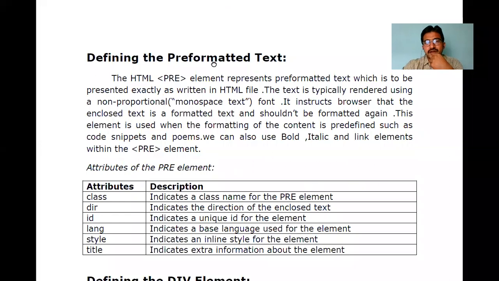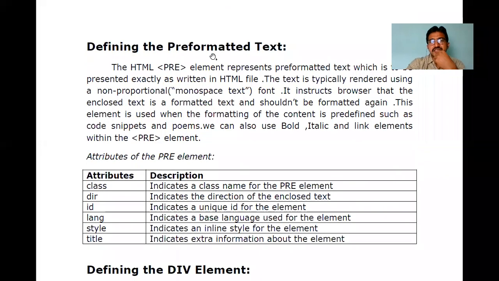The next topic under organizing text in HTML is defining the pre-formatted text. Pre-formatted text means however you write in the HTML code, the same thing is reflected on the page.